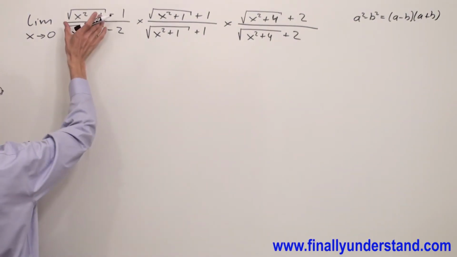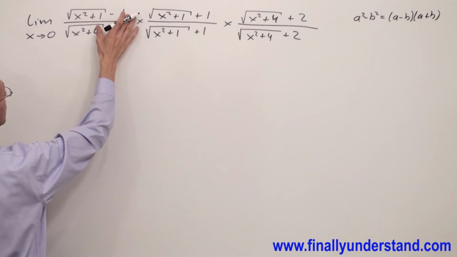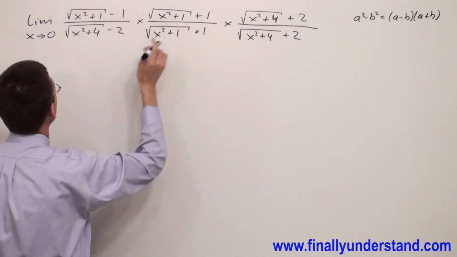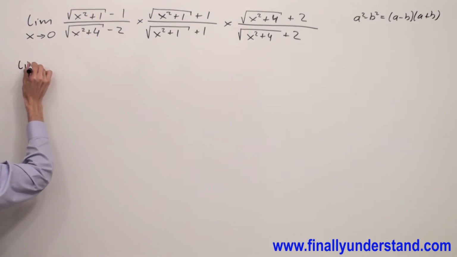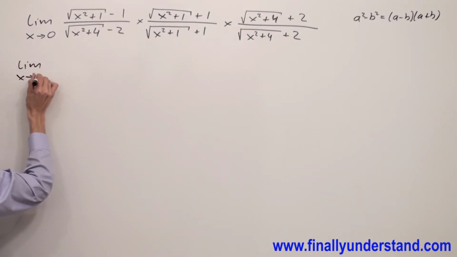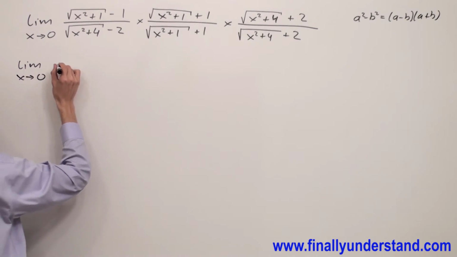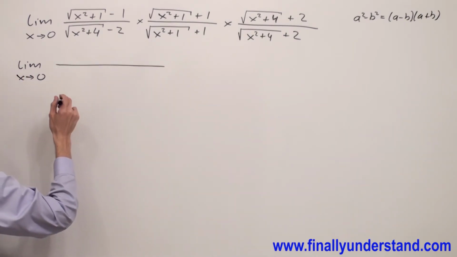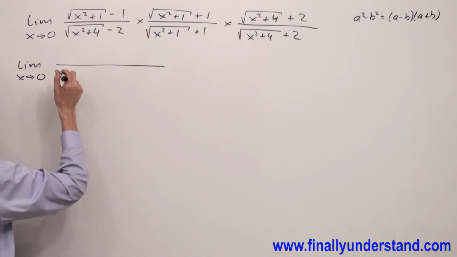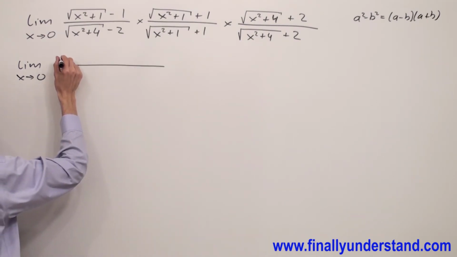So this is my a and this is my b. This is my a and this is my b. So the top I can rewrite as limit x goes to 0, of course, and the top of my function, the numerator of it, is going to look like this.